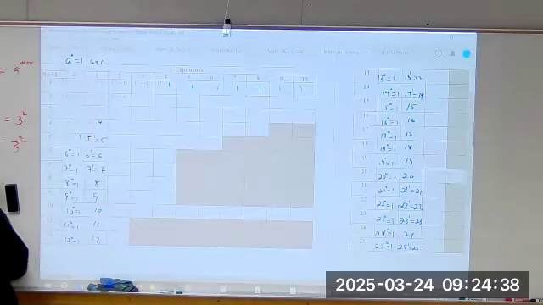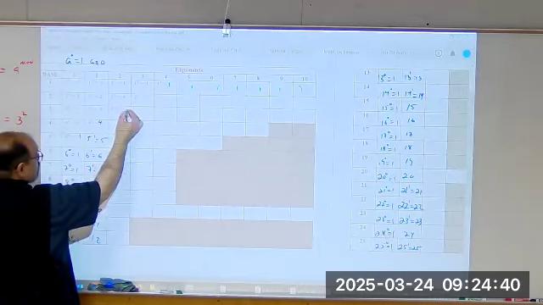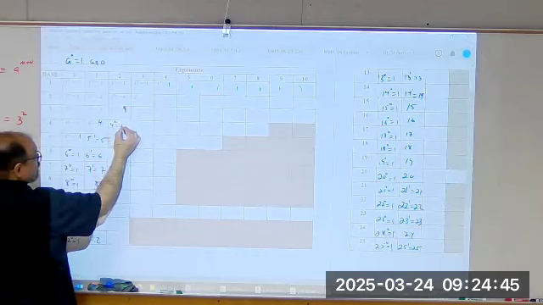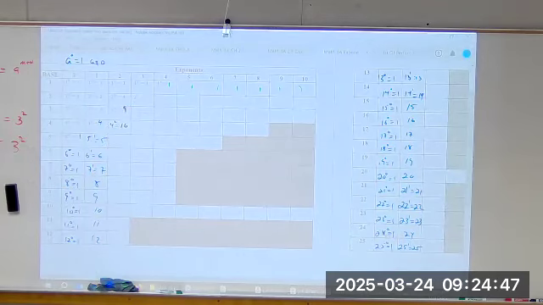Squaring something. So 3 squared, 3 times 3, this is the most important column for chapter 2. 4 to the second is 16, not 8.